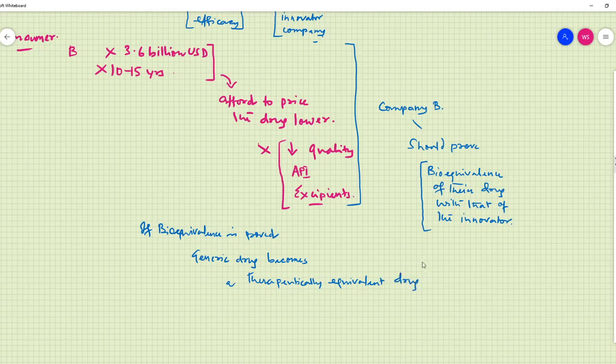Okay, meaning these drugs can be substituted at the level of the pharmacy without the consent of the prescriber.